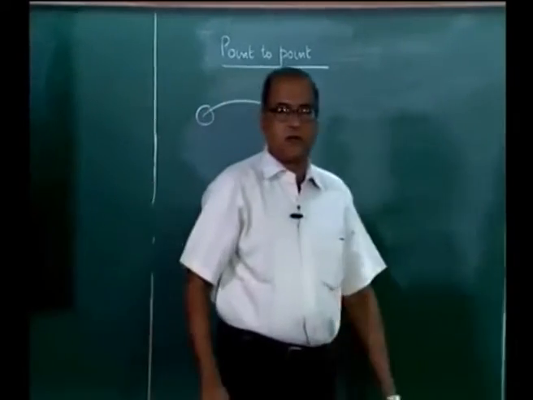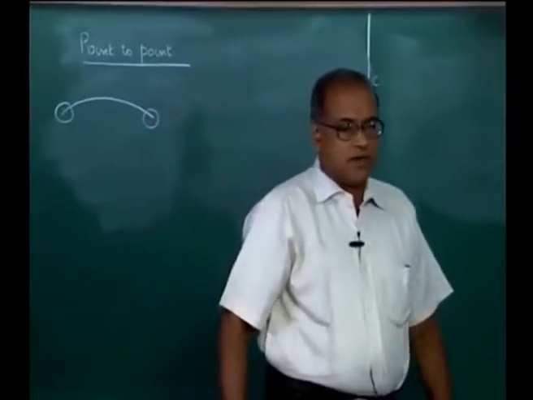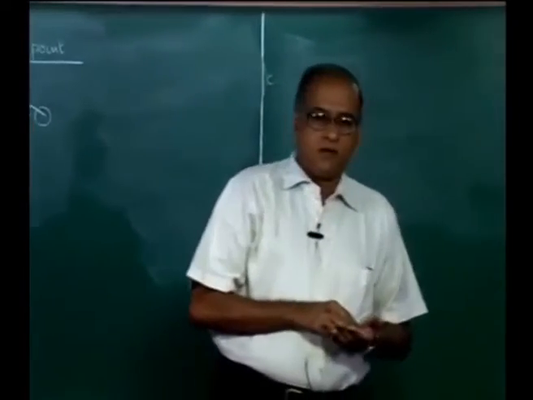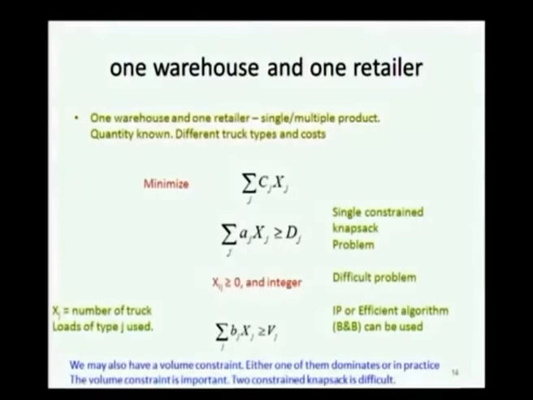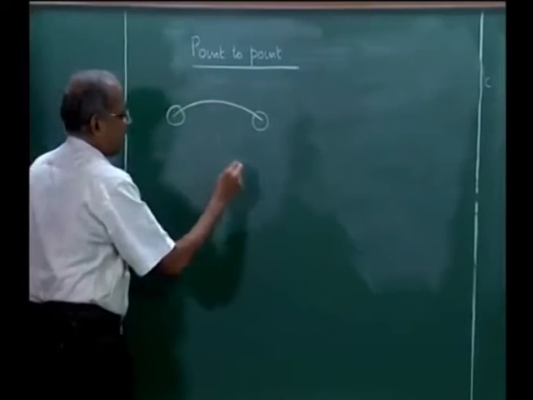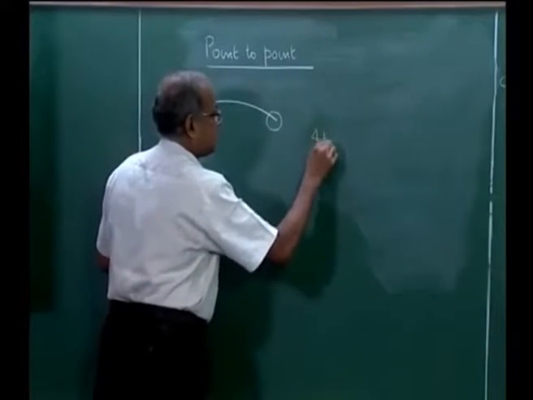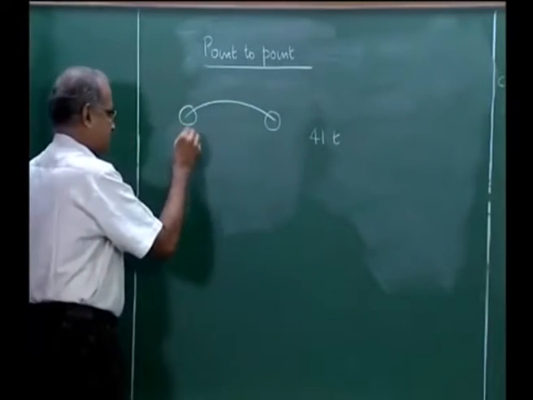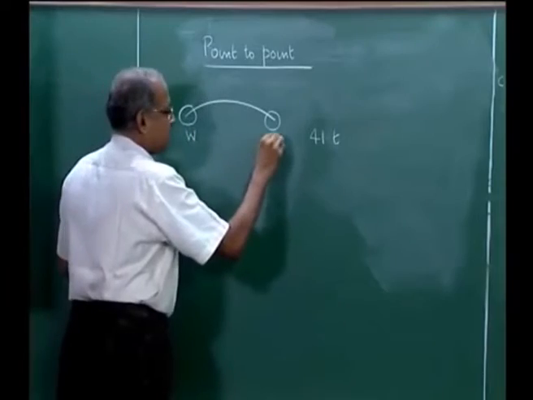Simple point to point, one warehouse, one retailer problem. Now let us assume we explain it through a numerical example. So we will assume now that we want to transport 41 tons of items from this warehouse to this retailer.